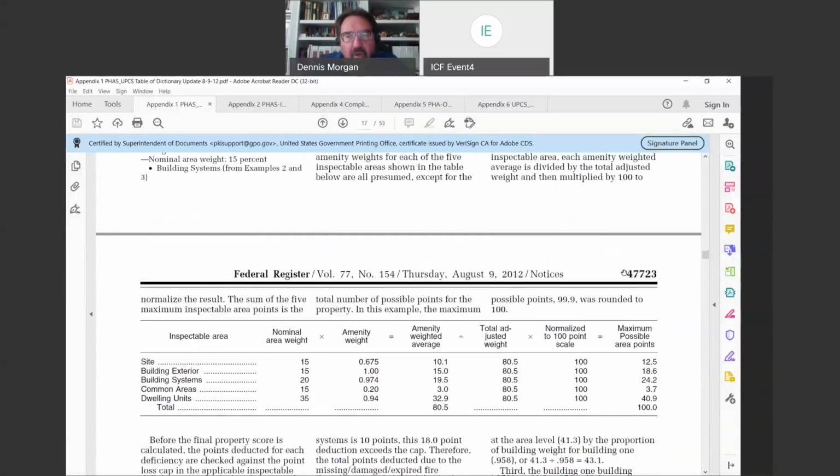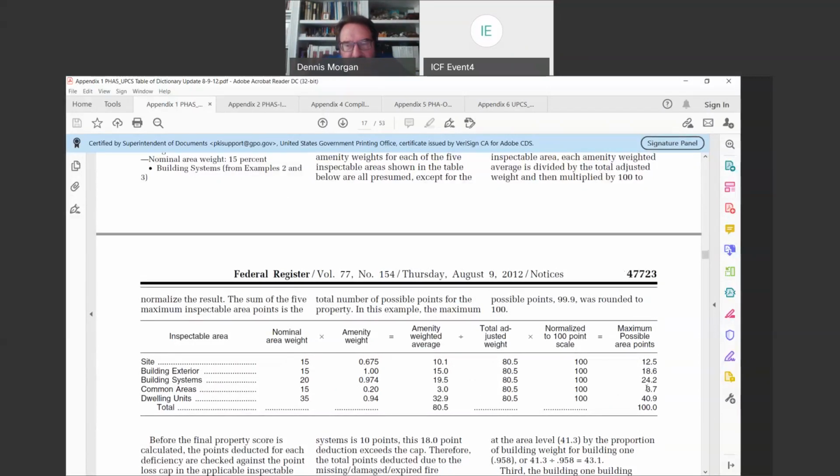Now on page 47723, here you can see how these points generally get redistributed. Site is normally worth 15, building exterior 15, building systems 20, common areas 15, and dwelling units 35. But this particular property doesn't contain all of the elements of the common area.